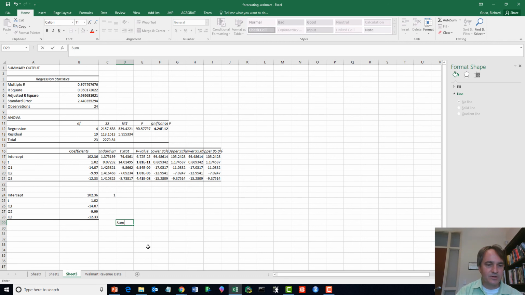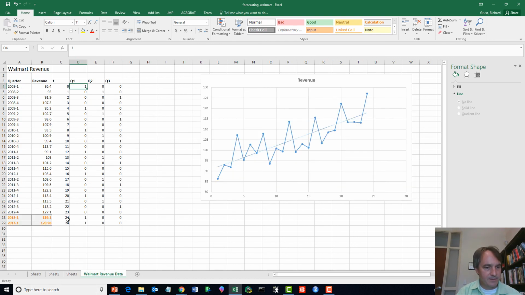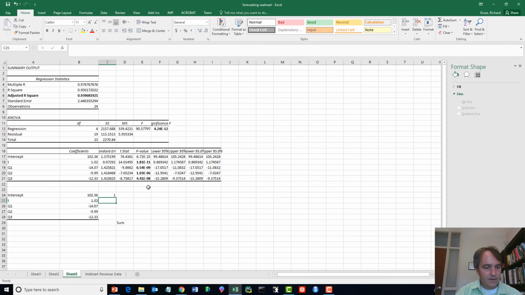So this is just a different way of applying the equation. You could just make it one long cell if you like. So what's the time period we're predicting? We're predicting time period 24 again, so this is going to be multiplied by 24.